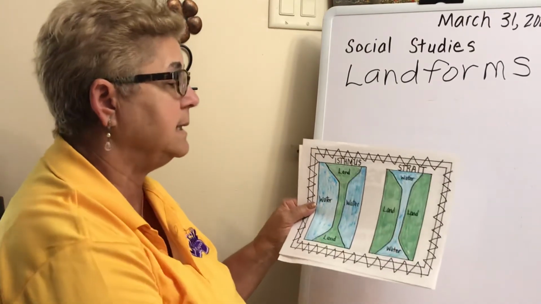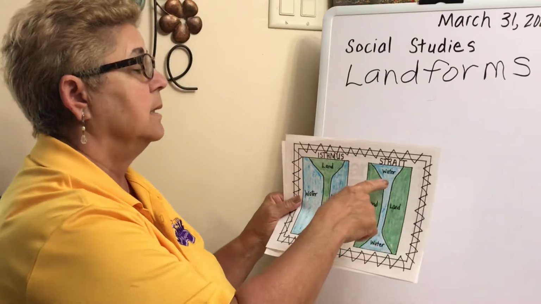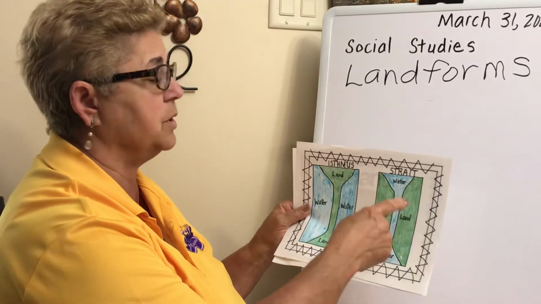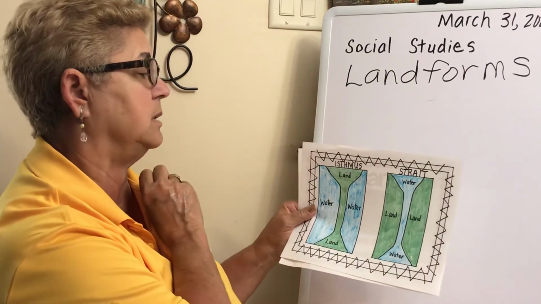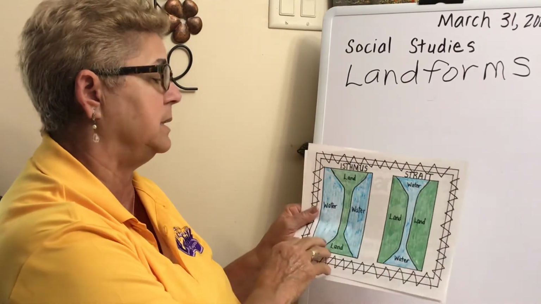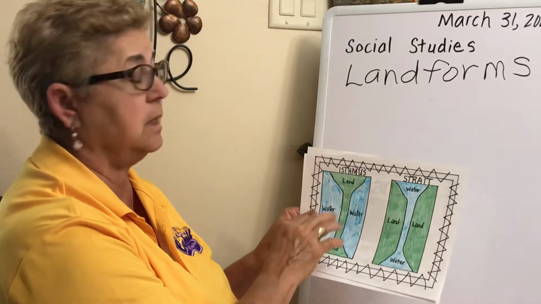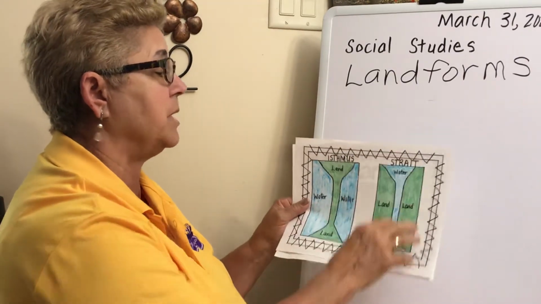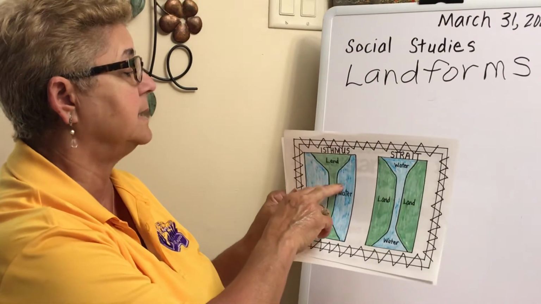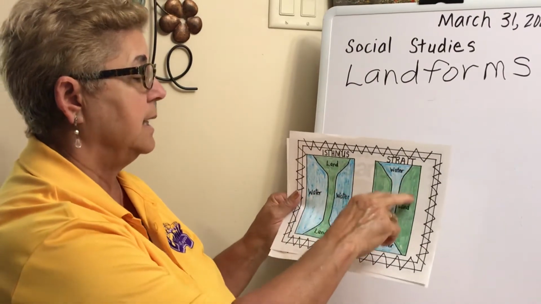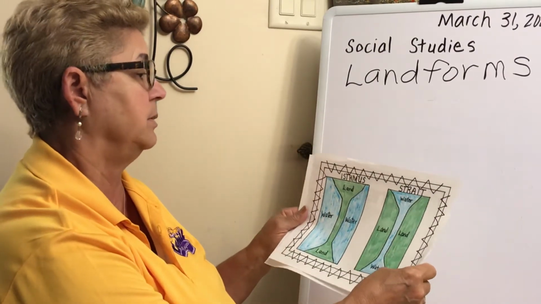The strait is a strip of water with land on each side, with big areas of water on each side. So this is the isthmus, and it's hard to say isthmus, and the straits, and it's the exact opposite. It's narrow land and narrow water.